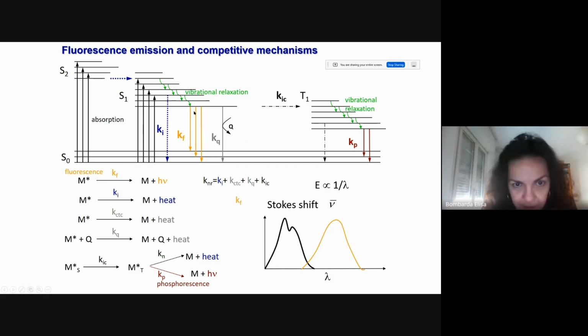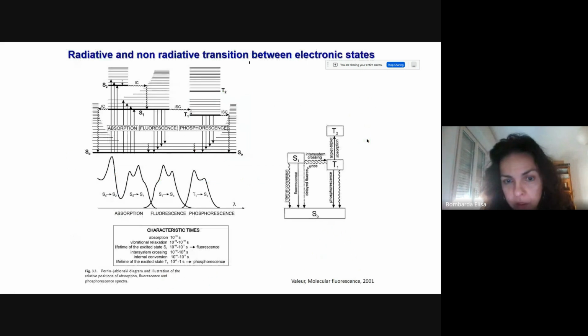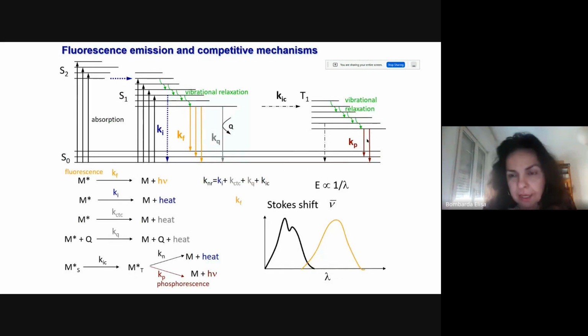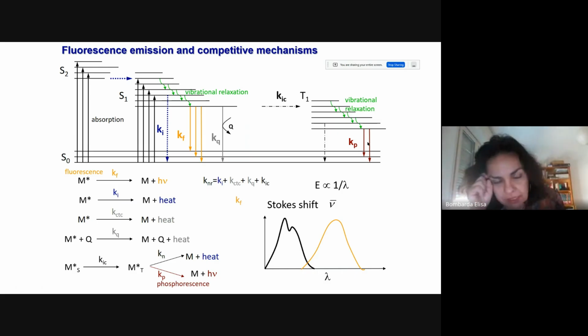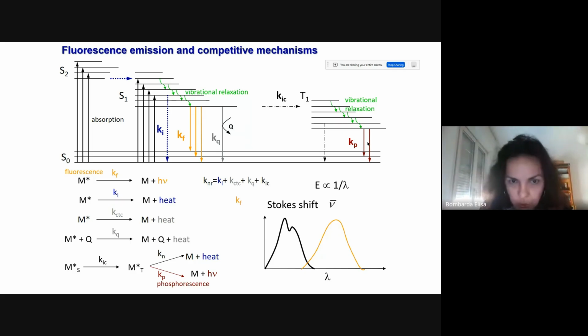So now we have seen fluorescence here and phosphorescence here, which of course occurs at an even farther wavelength, because the energy is even less. But we are not interested in this type of signal here, so let's go on with fluorescence.